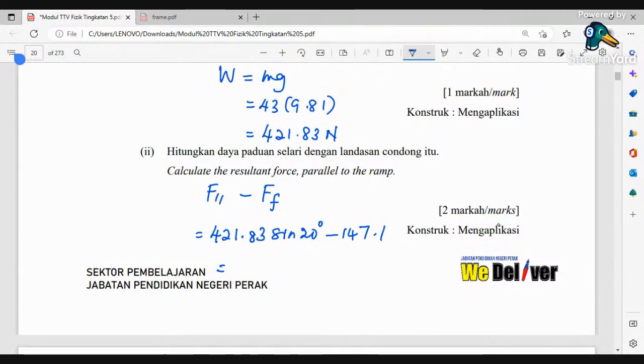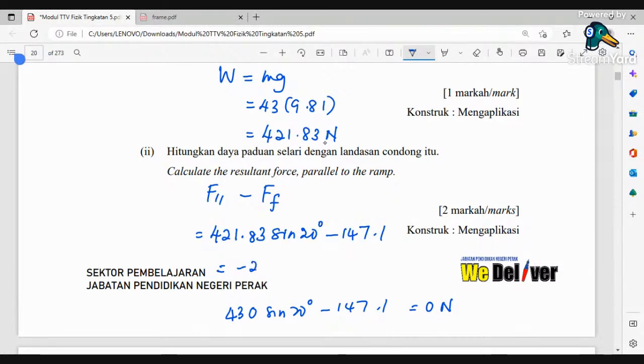If I calculate using this one, if I assume the weight is 43 times 10, so it's 430 sine 20, I will get 0 Newton. But with 9.81 there is a resultant force, so it will be 2 point something Newton. Because this question is already set with g equals 10, that's a problem. We cannot get the answer as required, which is 0 Newton.